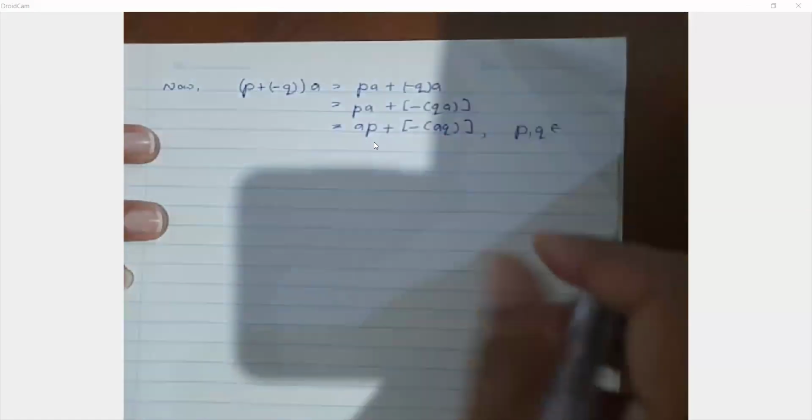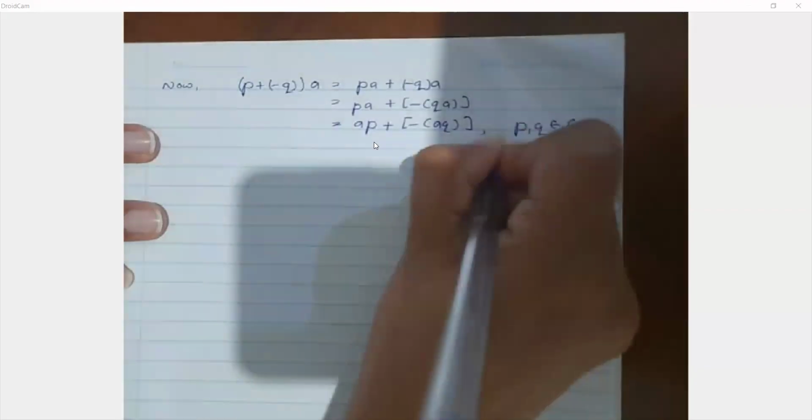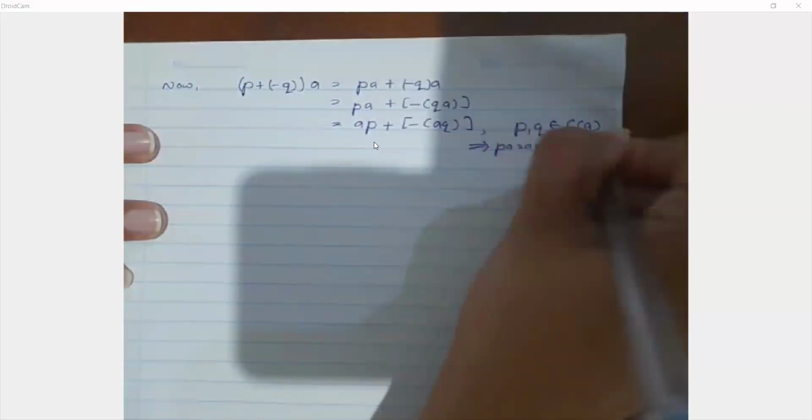Why? Because we have taken P and Q from C of A, and this implies that PA is equal to AP, and QA is equal to AQ.